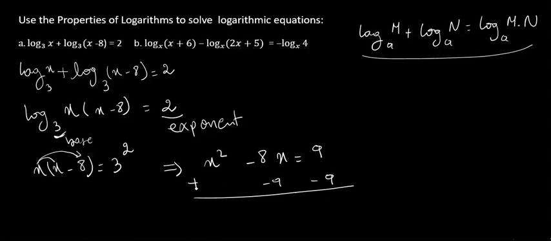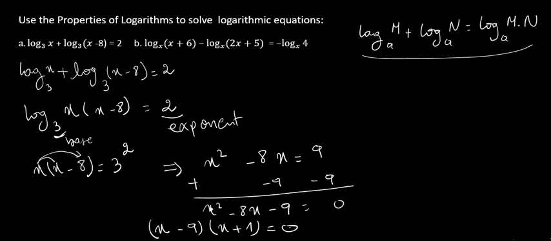I'm gonna have this plus 9 minus 9, it's 0. x squared minus 8x minus 9 is equal to 0. I can write x squared minus 8x minus 9 as x minus 9 times x plus 1, equal to 0.